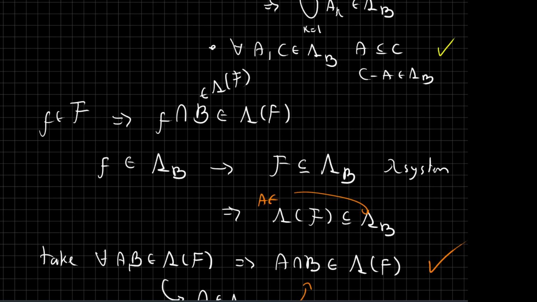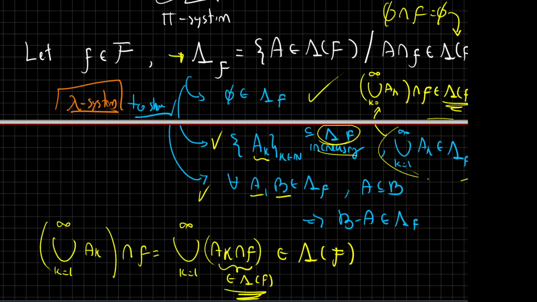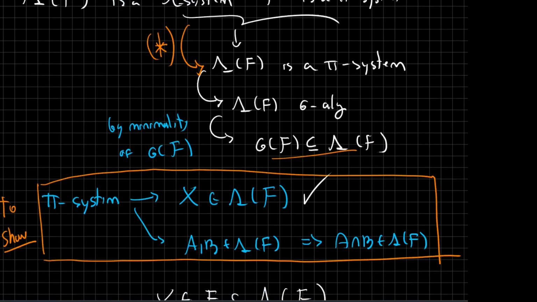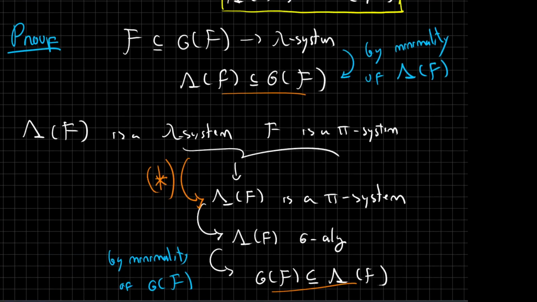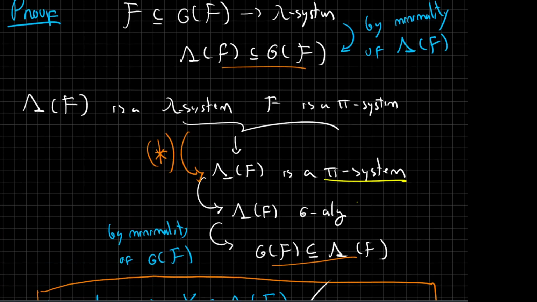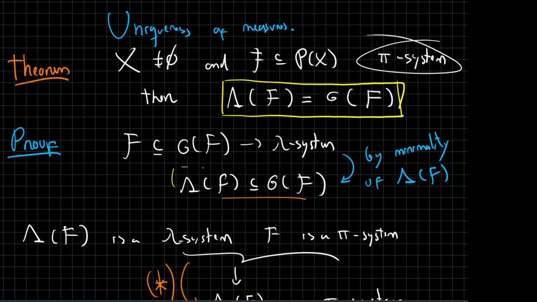So yeah, this proves that the generated was a pi system, and so our starting comment will take effect. So if this is a pi system, then it is a sigma algebra, and by minimality we'll have the other inclusion, and that with the previous inclusion will imply that these two generators are equal.